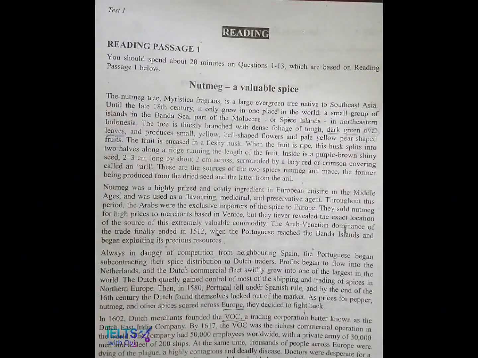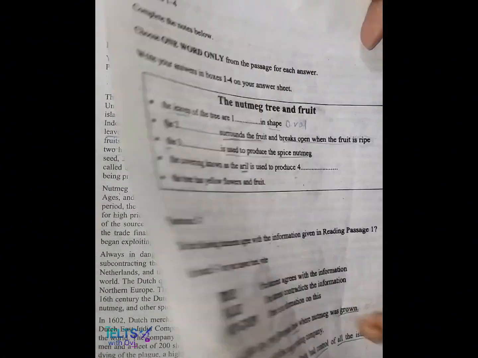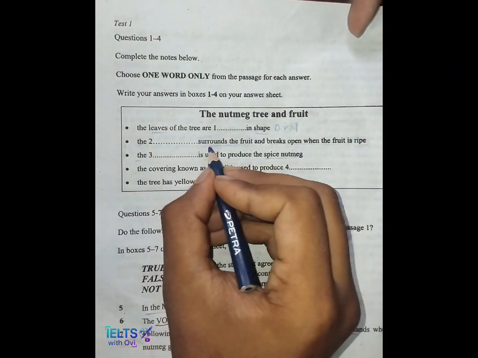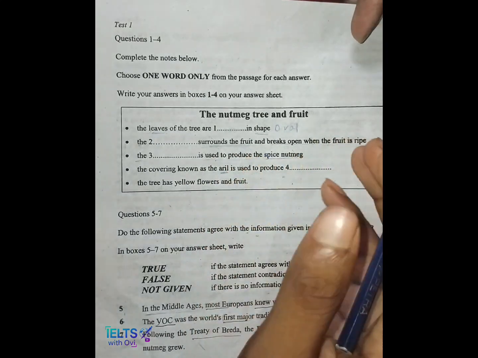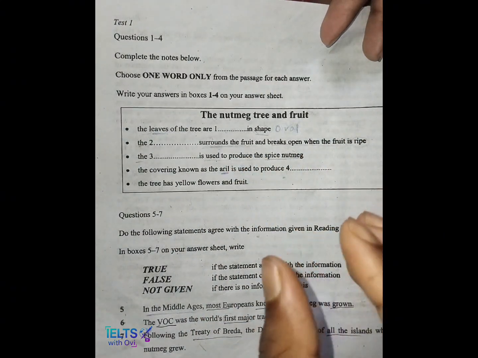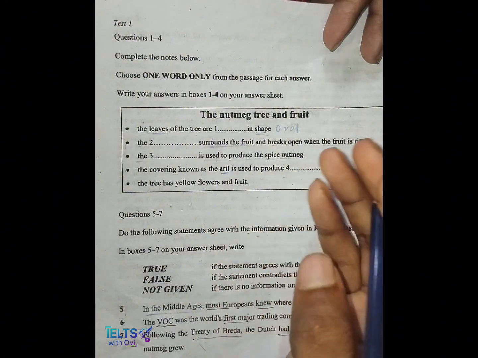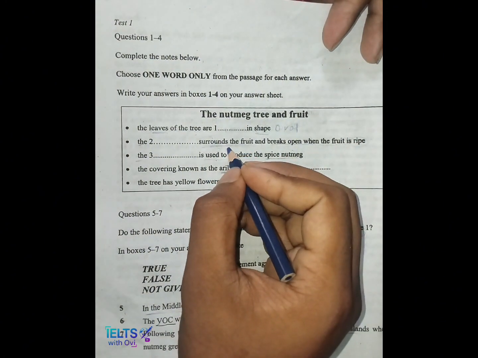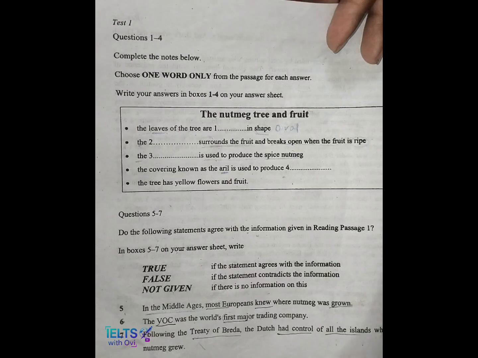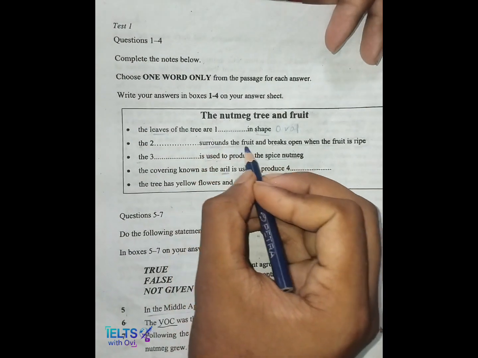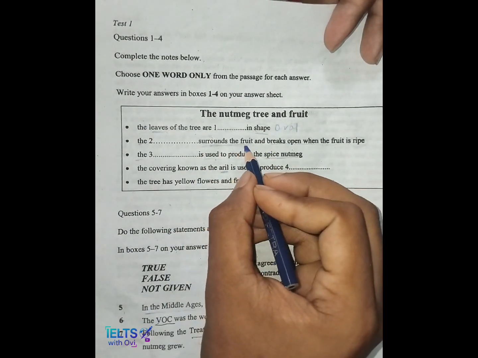O-V-A-L, oval. Our next question is: dash surrounded the fruit. The fruit is below something or in the middle part of some leaves, or I don't know, something like that. So we have to find the synonym of surrounded the fruits.